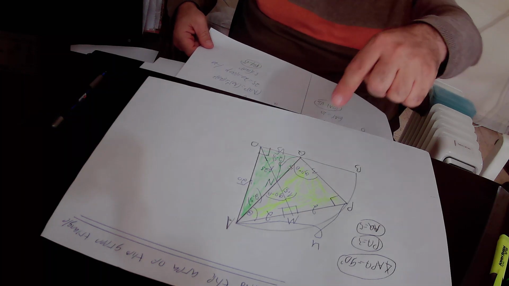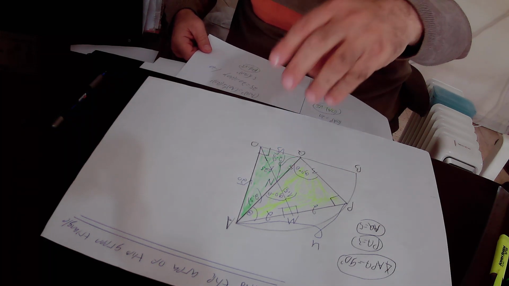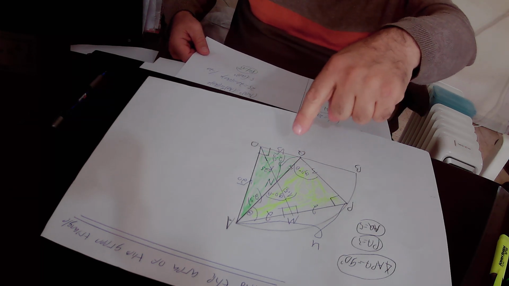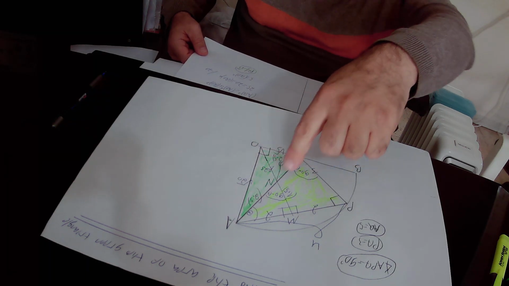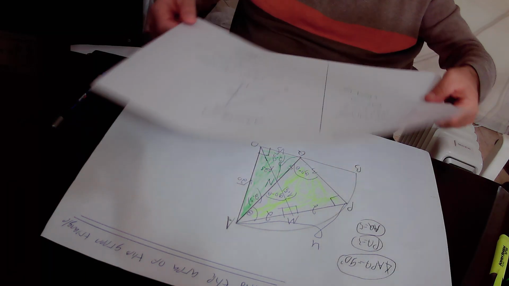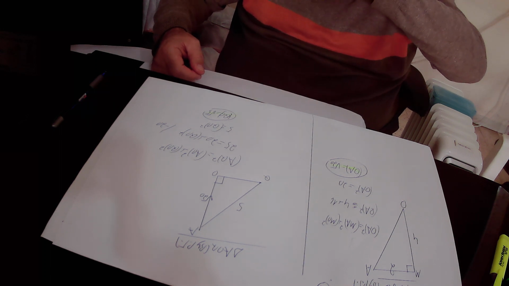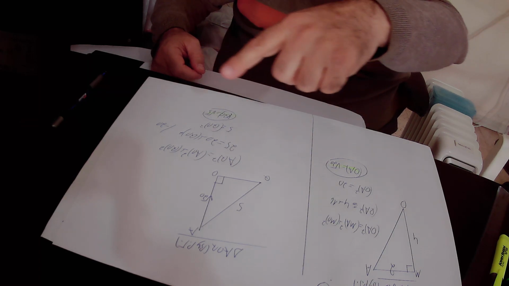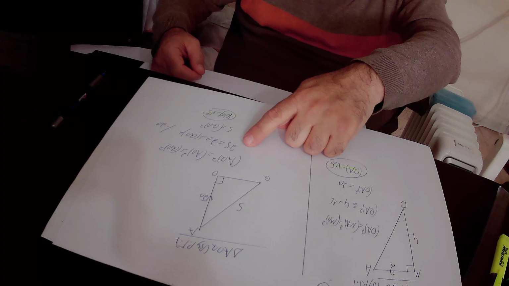Then I copied the right triangle AQO from the original drawing and we implemented on this right triangle AOQ the Pythagoras theorem. Side AO equals the square root of 20 units. The hypotenuse AQ equals 5 units. According to the Pythagoras theorem, AQ square equals AO square plus QO square. So AQ is 5, therefore AQ square is 25.